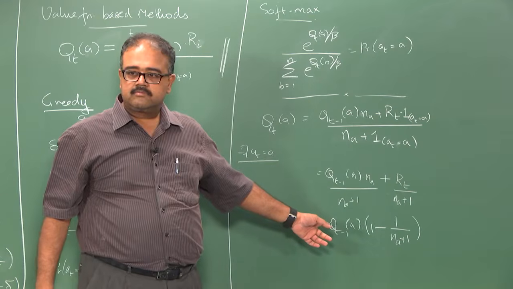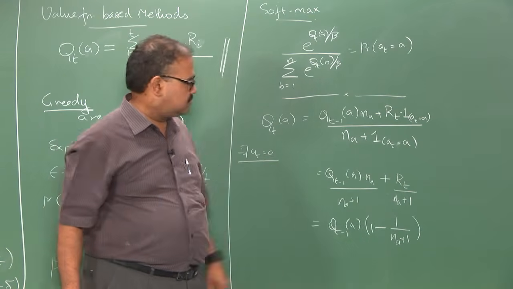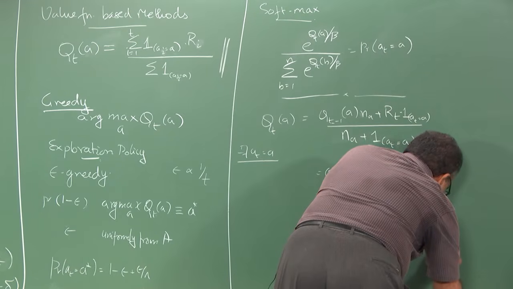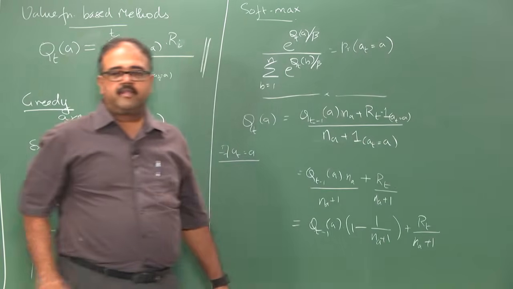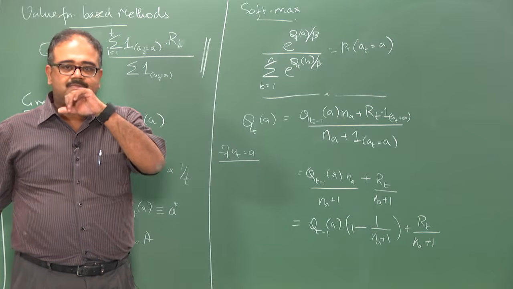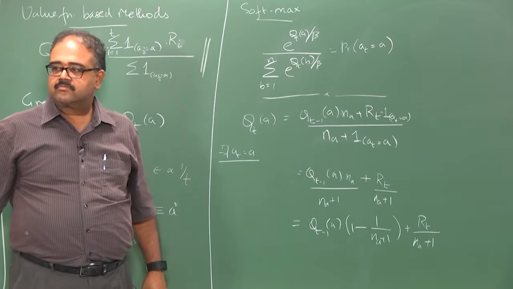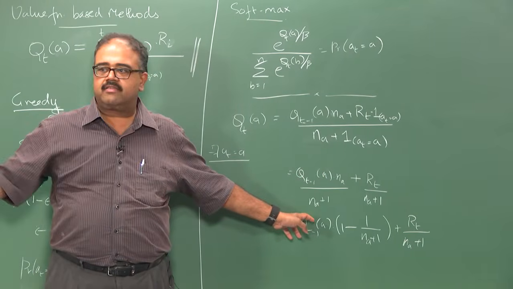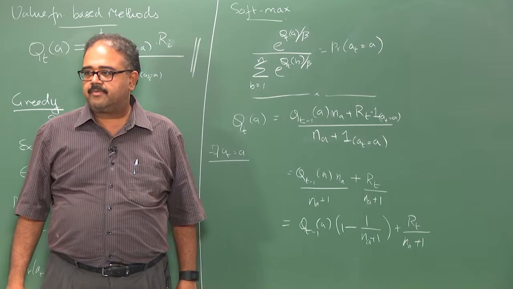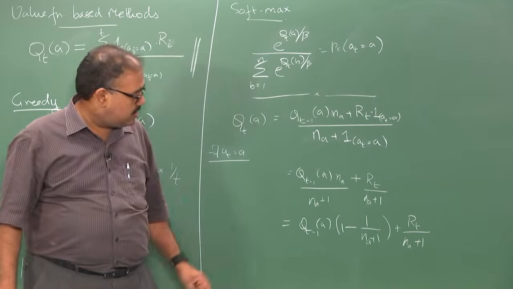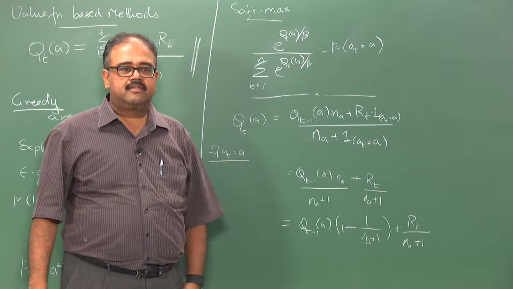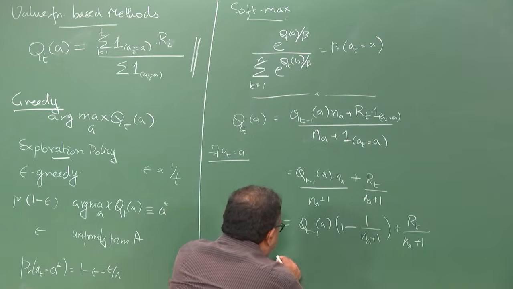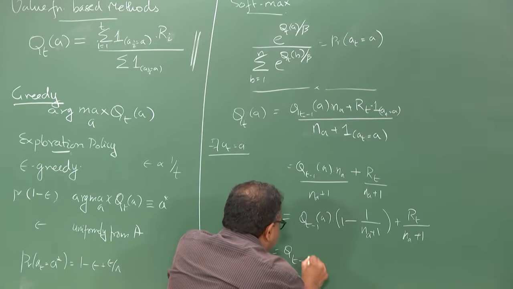Is it fine? Yeah, people agree with that? Right, this is Na by Na plus 1. So I can write it as 1 minus 1 by Na plus 1, right? Great. Now I can rearrange these quantities and get a better looking expression.